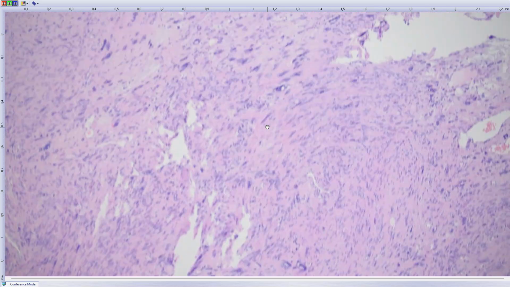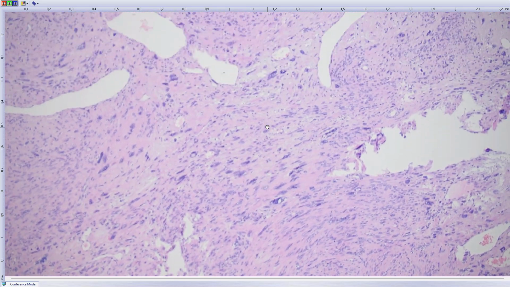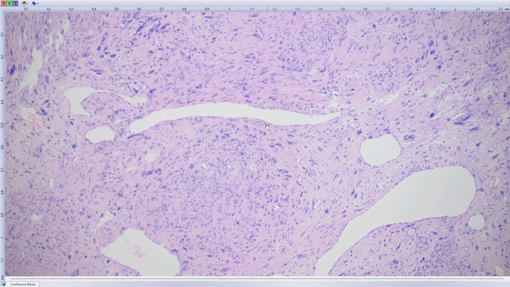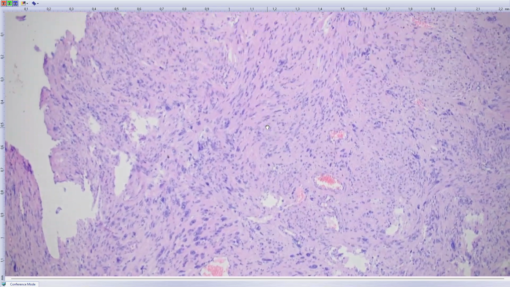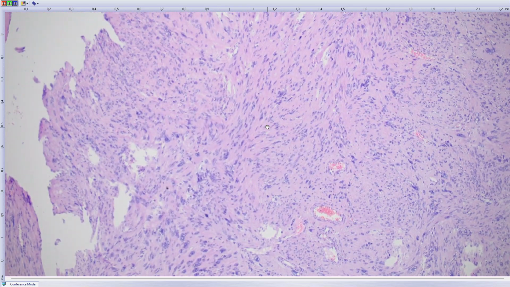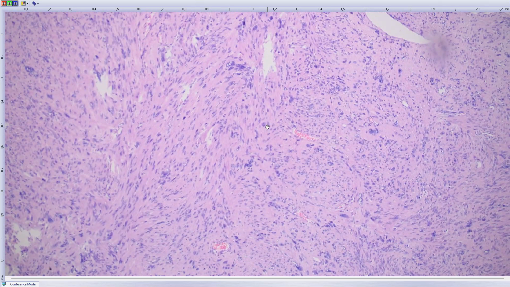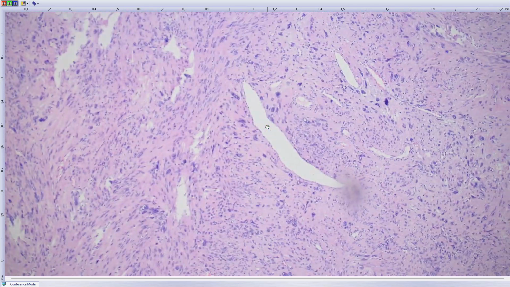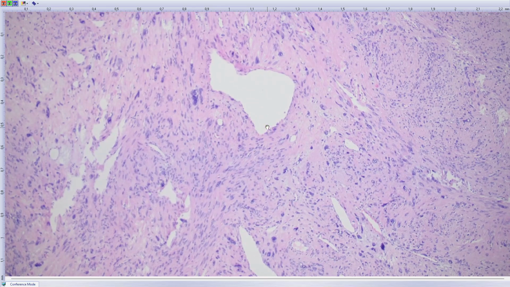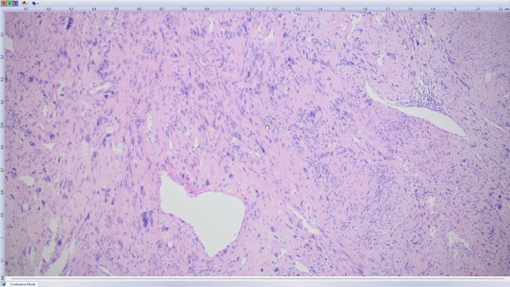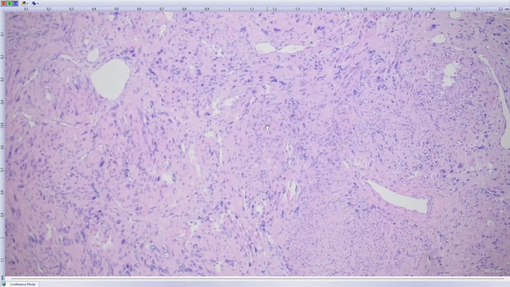And as we have a tumor like this, you know that there is a subset of uterine leiomyomas with bizarre nuclei which are connected to FH deficiency, some of which are part of the hereditary leiomyomatosis and renal cell carcinoma syndrome. So it is good to look for the features which can be helpful to exclude the presence of this syndrome in this particular patient.